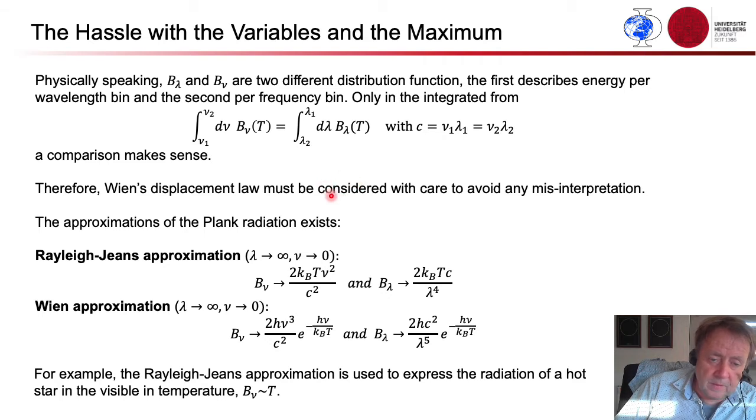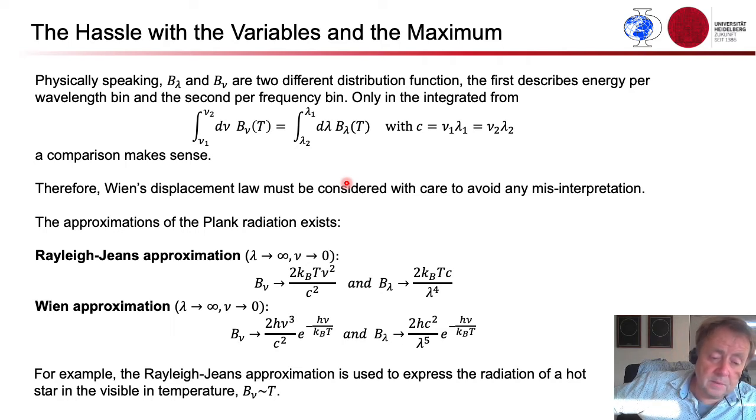Before discussing that in more detail with a very nice example, I want to just say a few words about two approximations of the Planck radiation. The first one is the Rayleigh-Jeans approximation, which is the radiation law when we assume large wavelength, extremely large wavelength, or extremely low frequency.